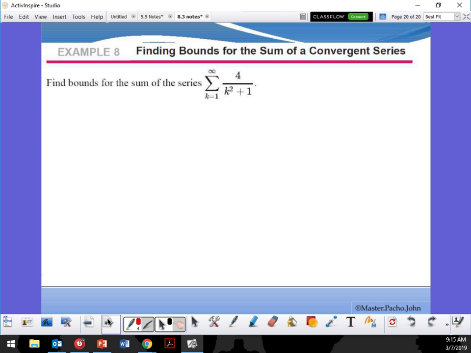Okay. So, is it in the format of the P series? No. So, what am I going to do instead? We're taking the integral, right? Okay. Alright, so I'm going to rewrite that as what?